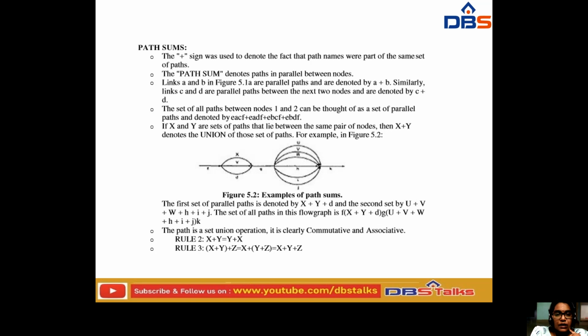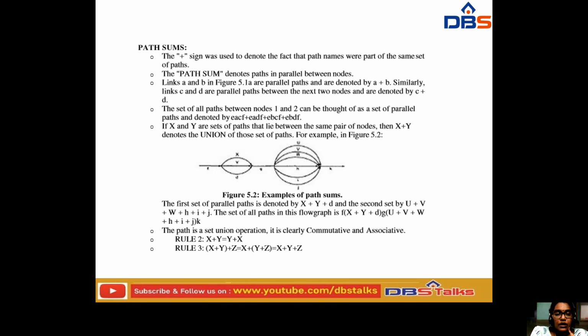The path sum denotes the paths in parallel between the nodes, that is the links A and B in figure 5.1, the previous figure, and it is denoted by A plus B. Similarly, the links C and D are parallel paths between the next nodes and are denoted by C plus D. So the set of all paths between nodes 1 and 2 can be thought of as a set of parallel paths, and it is denoted by EACF plus EADF plus EBCF plus EBDF.